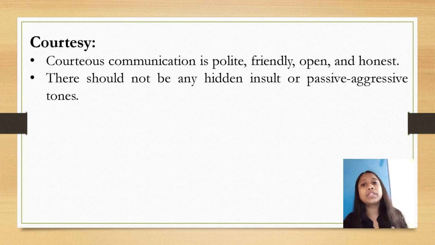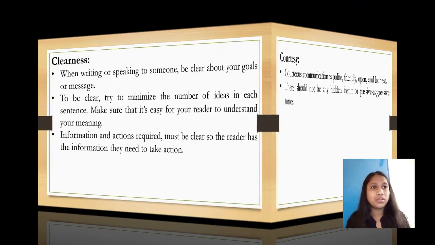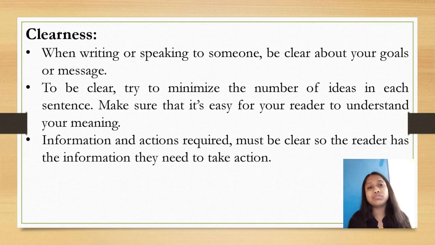Then comes the clearness. When writing or speaking to someone, be clear about your goals or message. Try to minimize the number of ideas in each sentence. Make sure that it's easy for your reader to understand your meaning. Information and action required must be clear so that the reader has the information they need to take action.